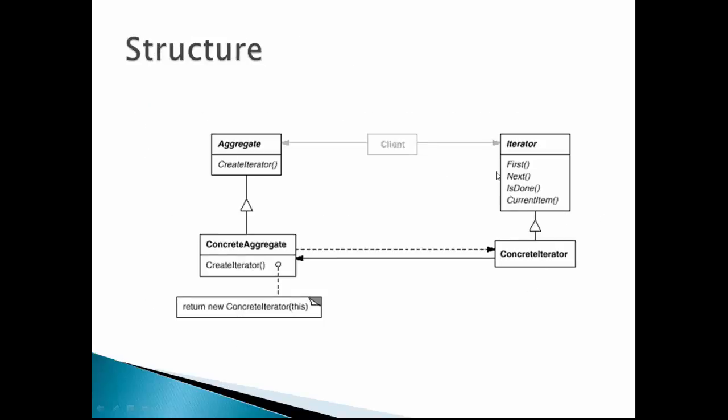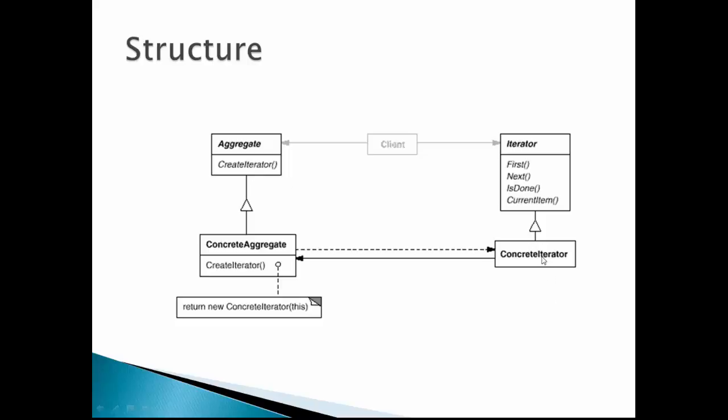Here's the structure. So what each part is: the aggregate, which is the container, defines an interface for creating an iterator object. The iterator defines an interface for accessing and traversing through the elements of that aggregate.